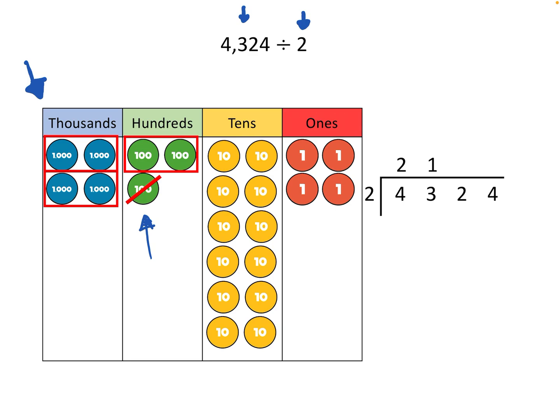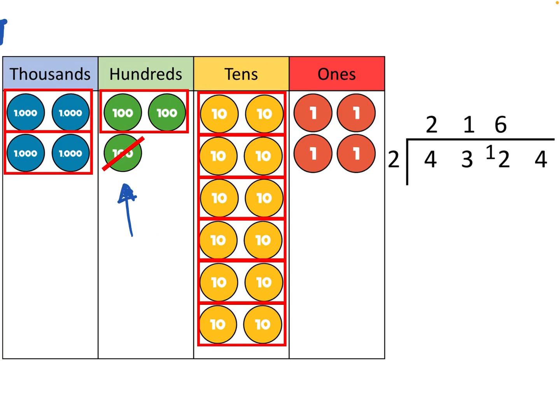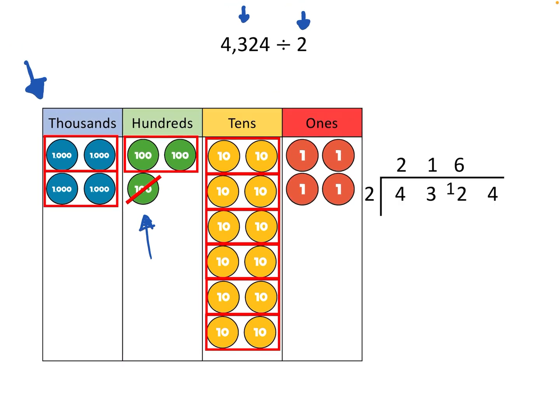We've got 1, 2, 3, 4, 5, 6, 7, 8, 9, 10, 11, 12. So now we're doing 12 divided by 2, which is of course 6. Now, we can see this 1 has appeared here. What does that mean?